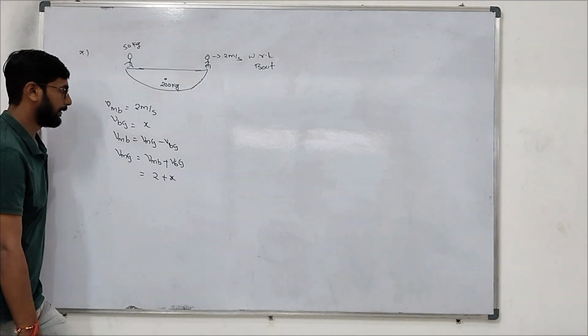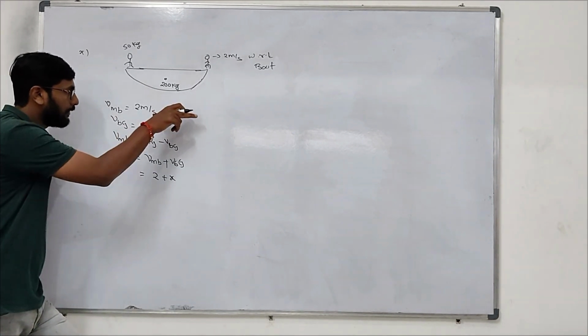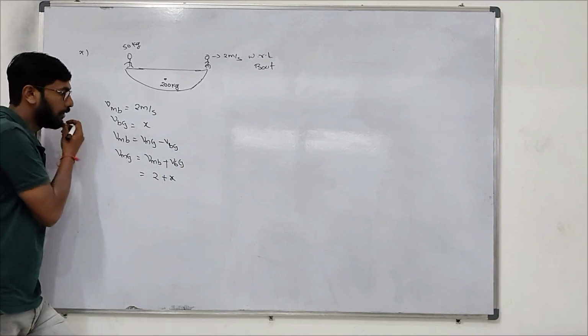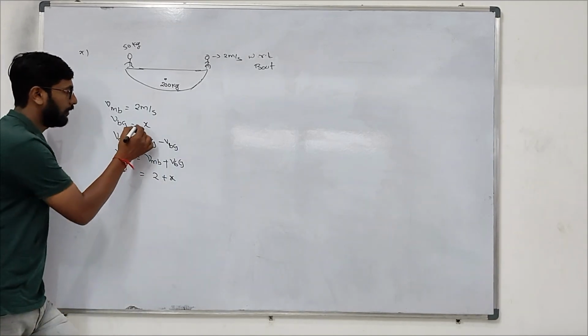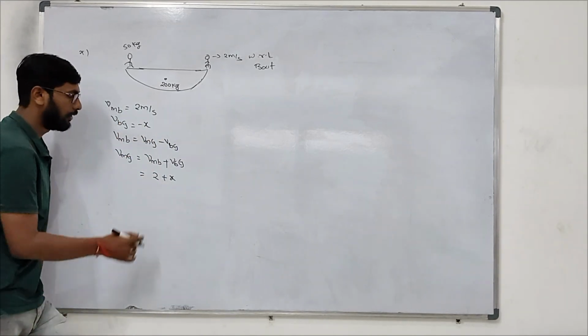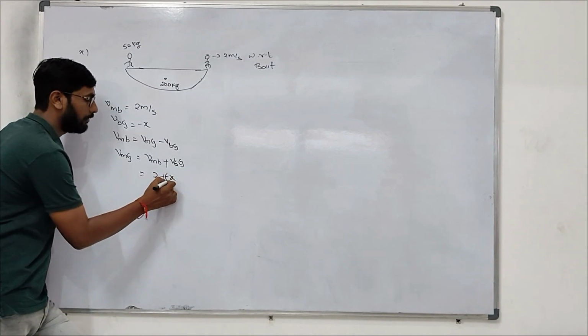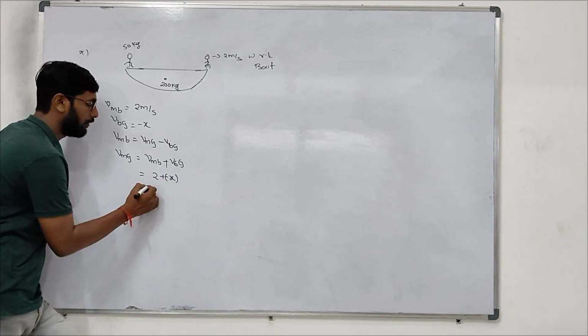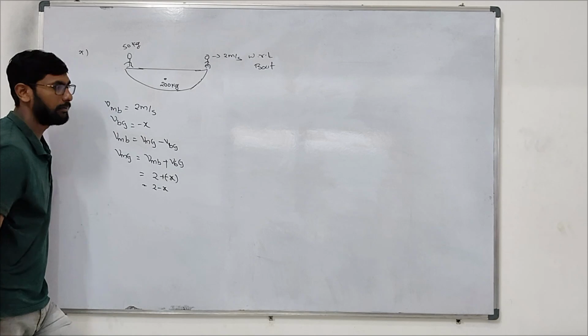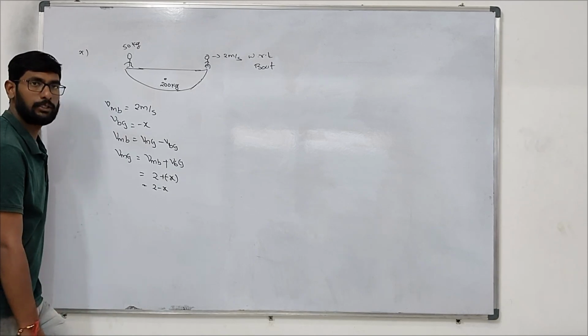But the thing is, he is moving this side. The boat is moving this side. Right? This will be minus x. So here also we will have minus x. So this will be 2 minus x. Now we will use the same formula.